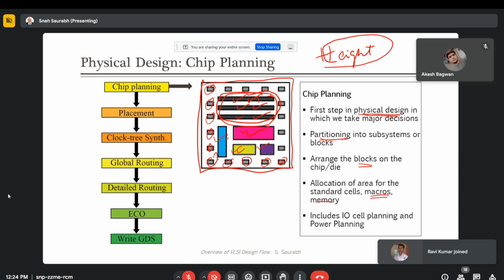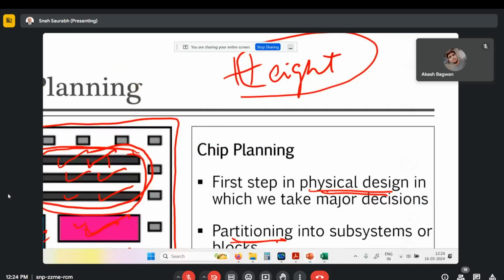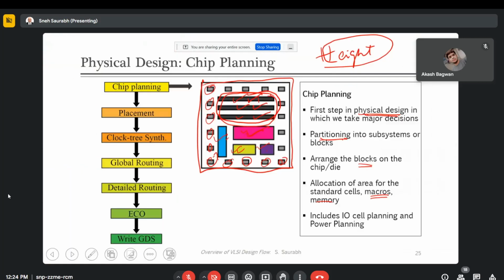But for a huge number of standard cells, the locations are not decided during the chip planning stage, right? Those are decided during the next step, which is known as the placement stage, right?